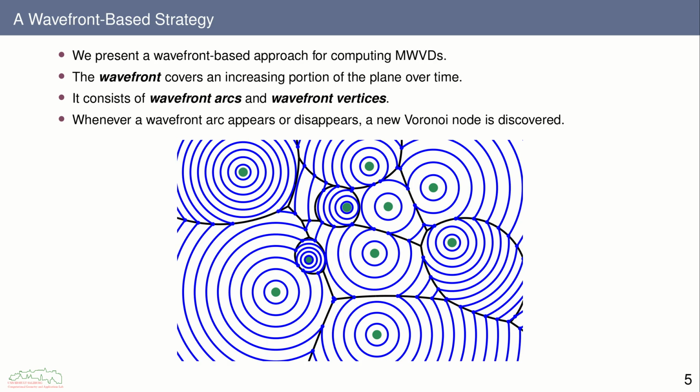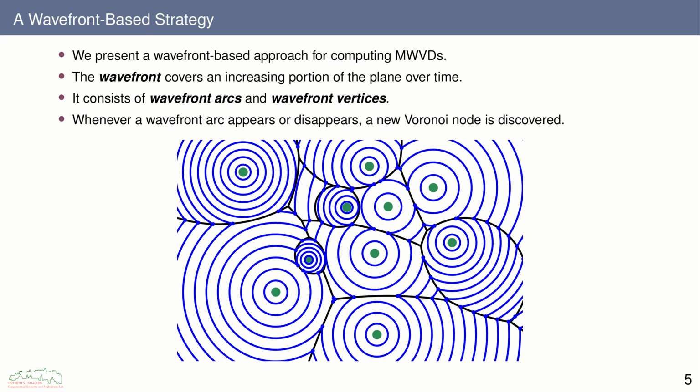To compute the multiplicatively weighted Voronoi diagram, we propose a simple wavefront-based strategy. Our wavefront is emitted by the individual point sites and covers an increasing portion of the plane as time progresses. It consists of wavefront arcs and wavefront vertices, in which a wavefront vertex is just the common endpoint of two wavefront arcs.